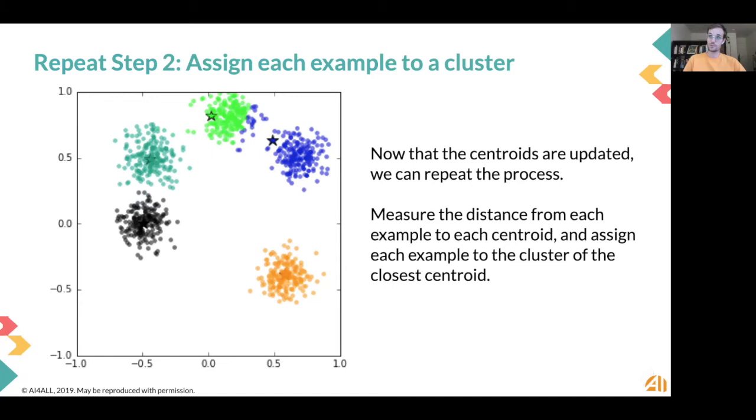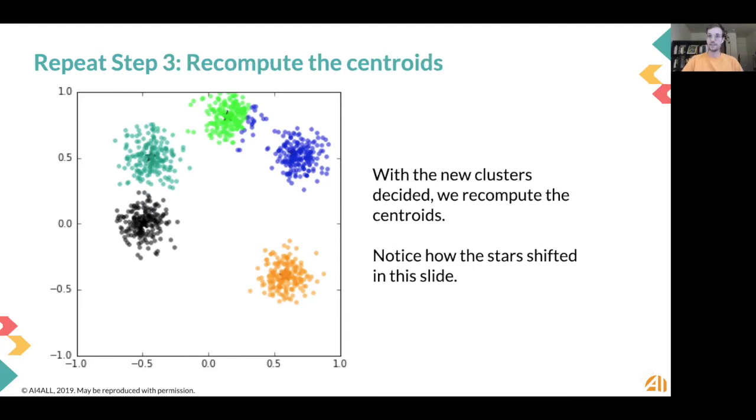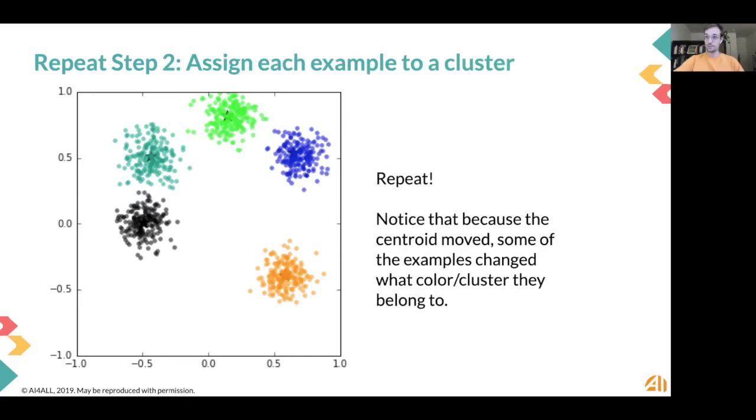So we're going to now fix the centroids and measure the distance of every example to the centroids and color them, and then move the centroids again with the examples fixed. So basically we're alternating between fixing these stars and coloring the dots, and then fixing the color of the dots and moving the stars. So over enough time of repeating this process, the centroids move.